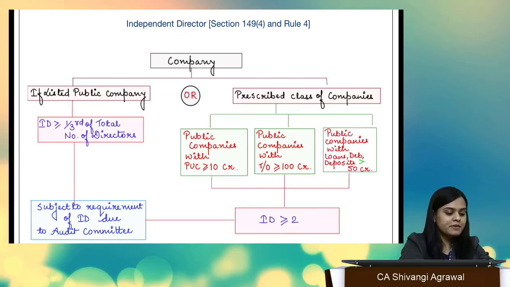Okay, 3 lakh for company and 1 lakh for officer in default. Clear?